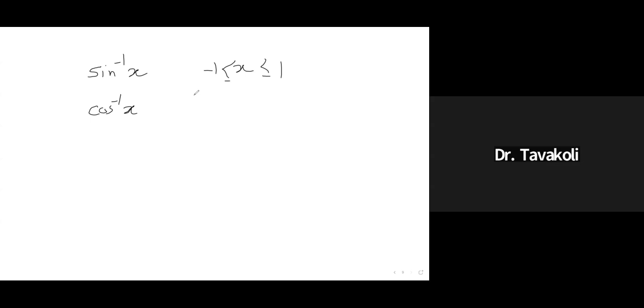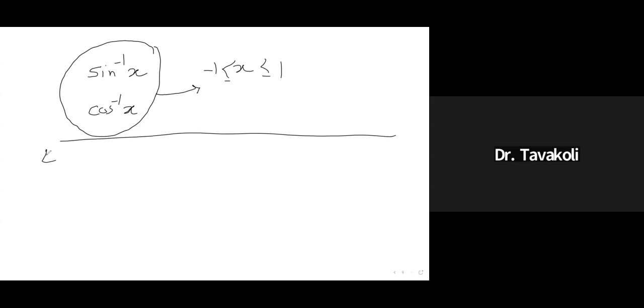This is something that in pre-calculus you have seen. Having this in mind, that sine inverse and cosine inverse make sense when x is between -1 and 1, let's do this example.